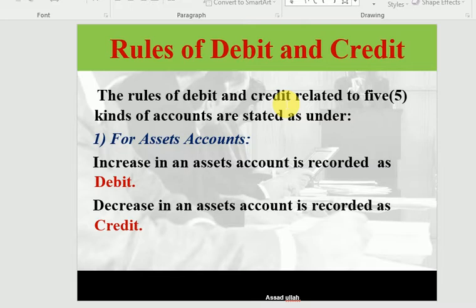So simple: when an asset is increased, it should be recorded as a debit, and when an asset is decreased, it should be recorded as a credit. Now I am giving you a simple common example.